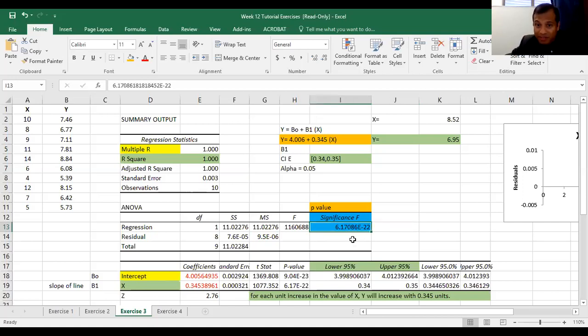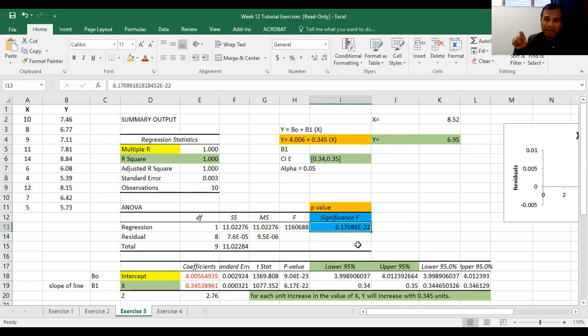There is a confusion here. It seems like the P value is 6.17, but don't consider it that way, because at the end it uses the letter E, which is exponential.